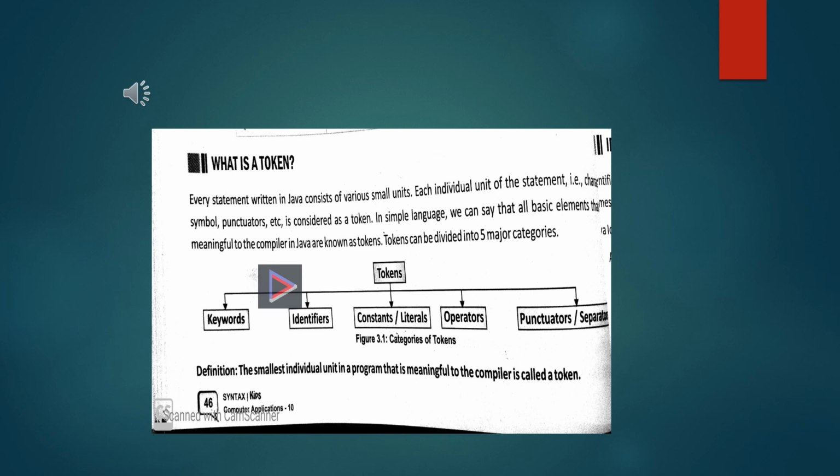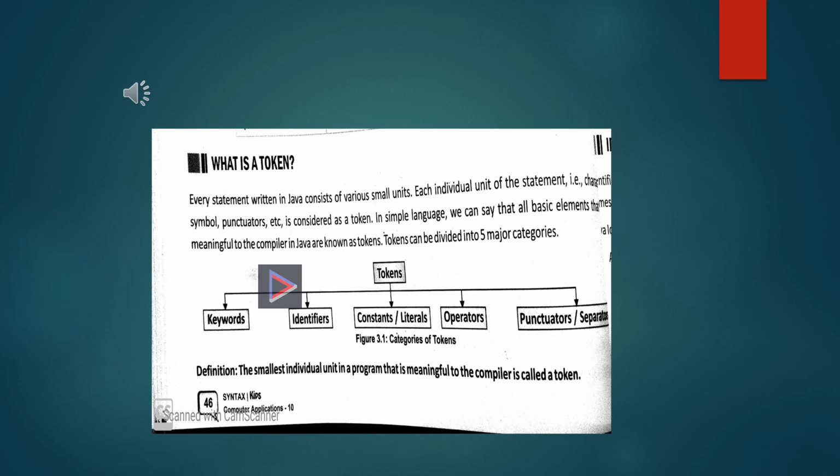These are various small units in Java, and they are known as tokens. They have a certain meaning to the compiler, so the compiler can understand and operate on them. So this character, symbol, punctuator, which is recognized by the compiler, is known as a token.